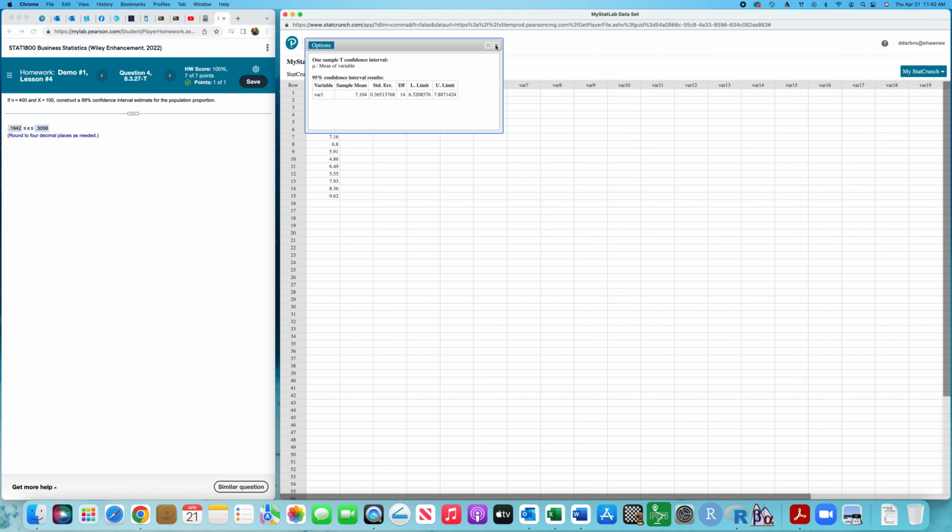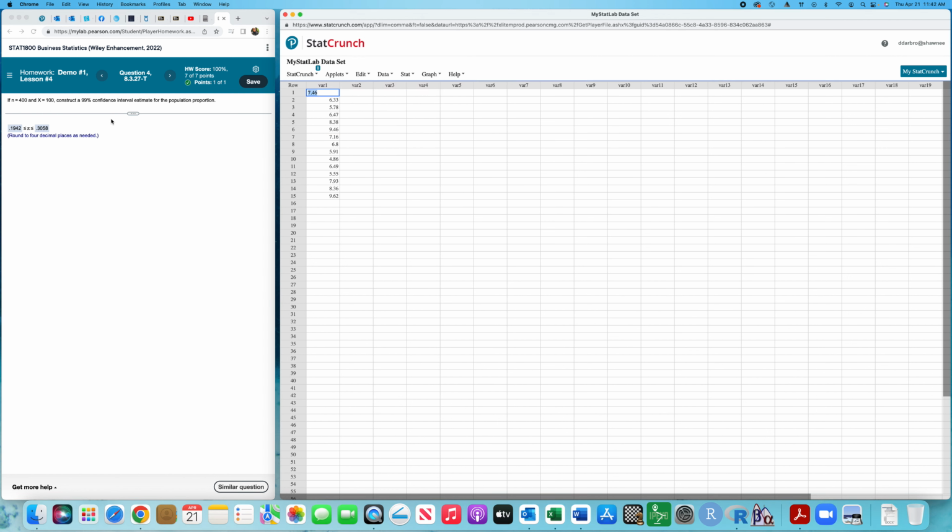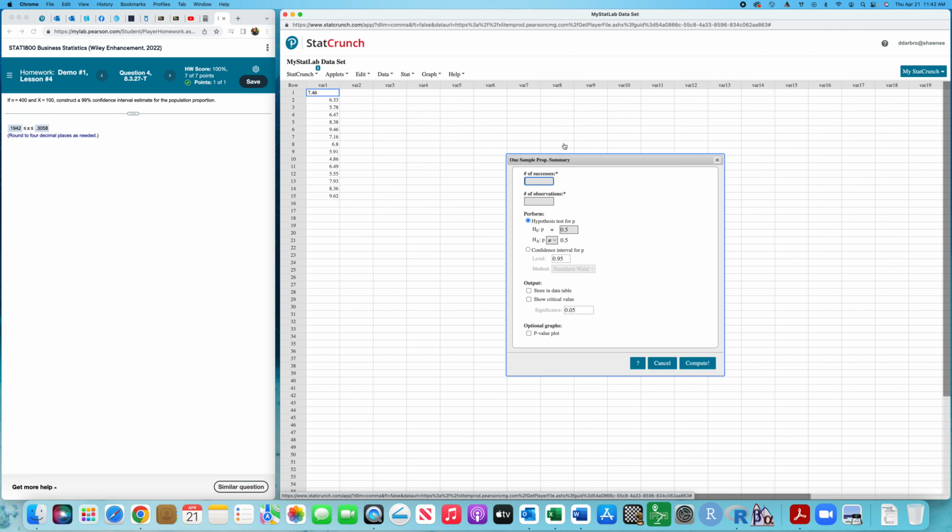All right, next question. We actually get into confidence intervals for proportions. So I have to go a little different option. So I come down to prop stats, one sample. I don't have my data, I have my summary. So the number of successes, remember that's the number out of the whole. So the whole is 400.